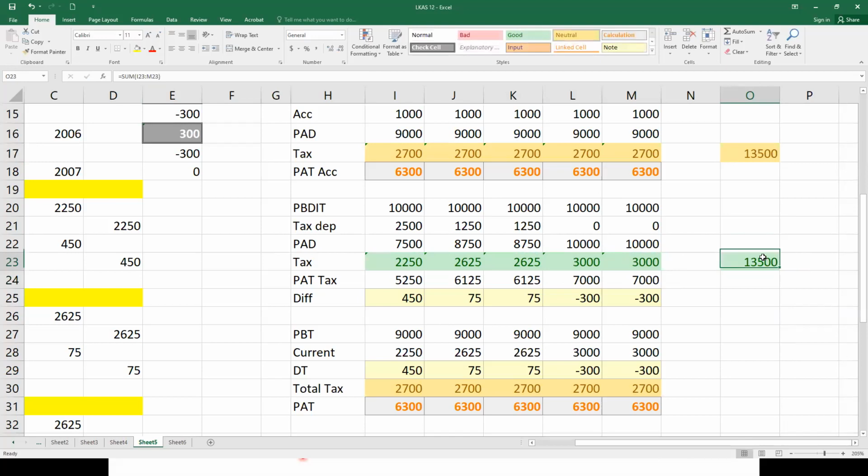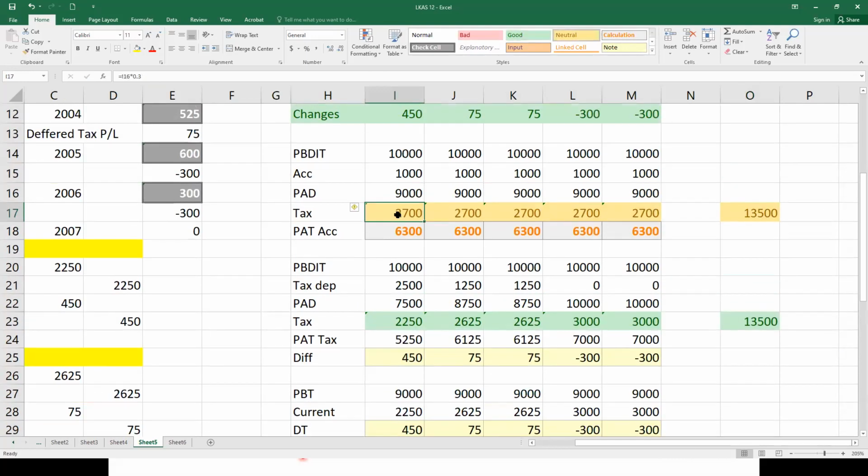Are there any differences between these two values? Please respond, my dear students. No. But differences arise where? Here we estimated 2,700 in year 2003, but according to the tax rule, we paid 2,250.